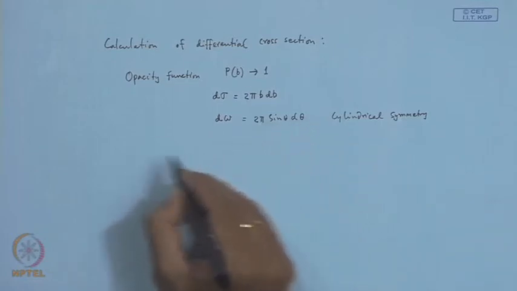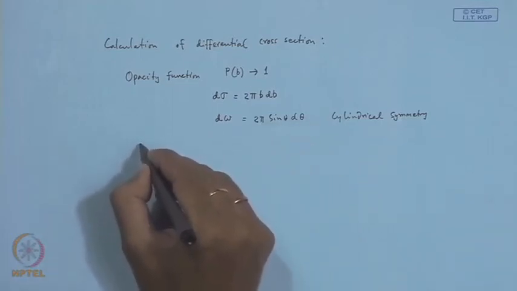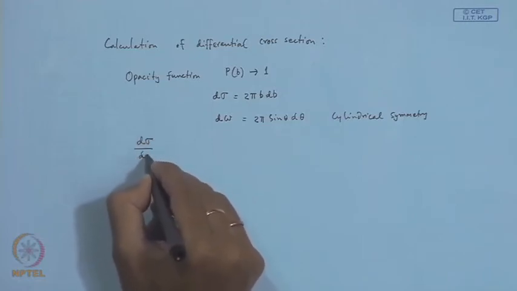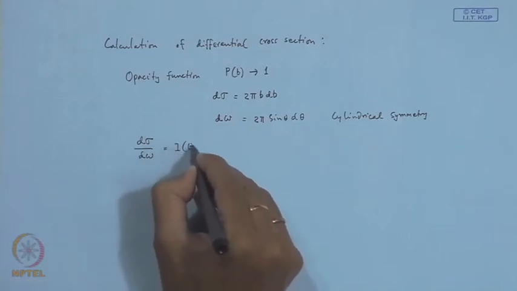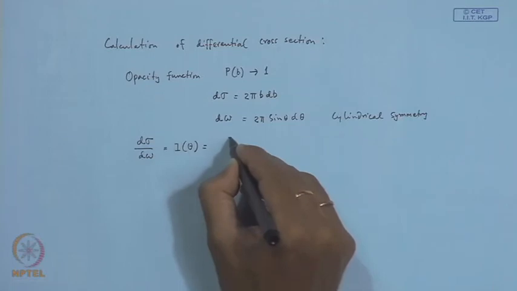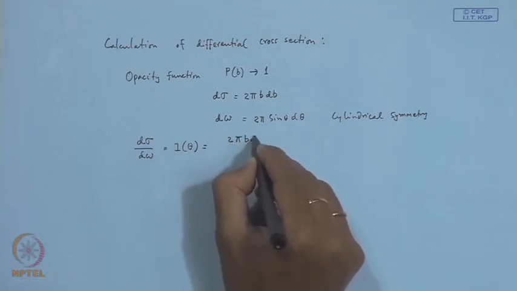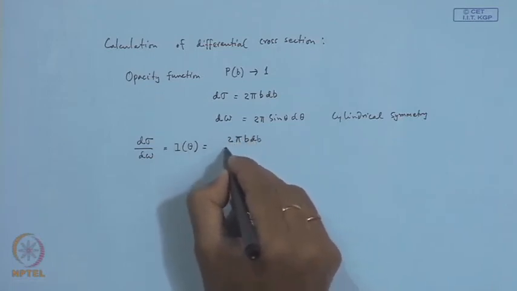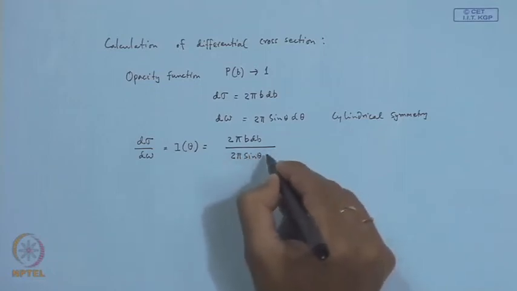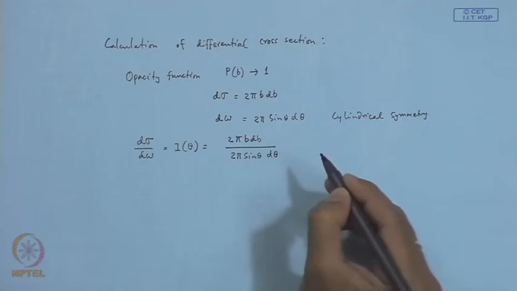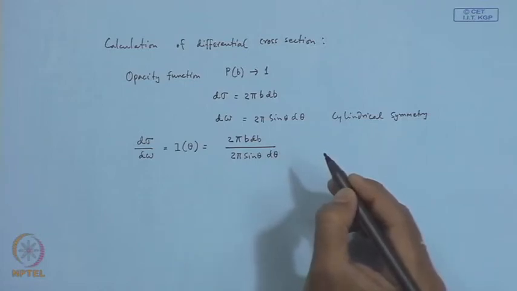Therefore, the differential cross section d sigma d omega, which is equal to I theta, can be written as 2 pi b db divided by 2 pi sin theta d theta.